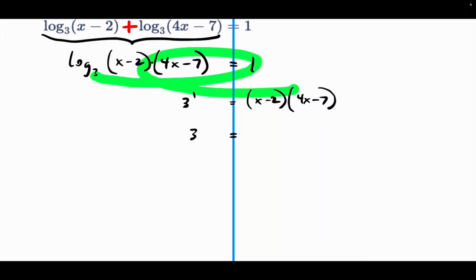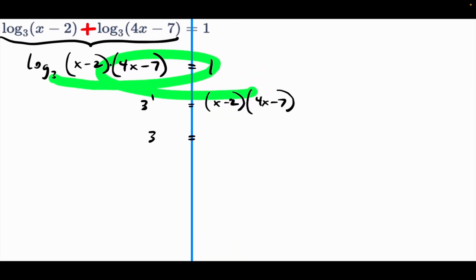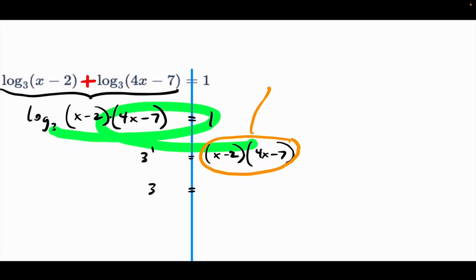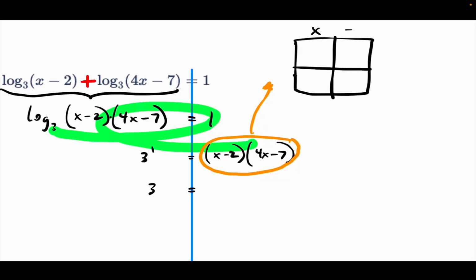Put them in boxes, yeah. It is distributive property, but we just use the box for this one. So I'm going to put a little side note over here because we use a multiplication box. x minus 2, 4x minus 7.